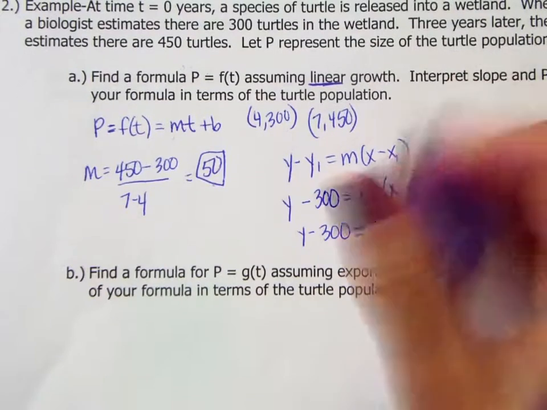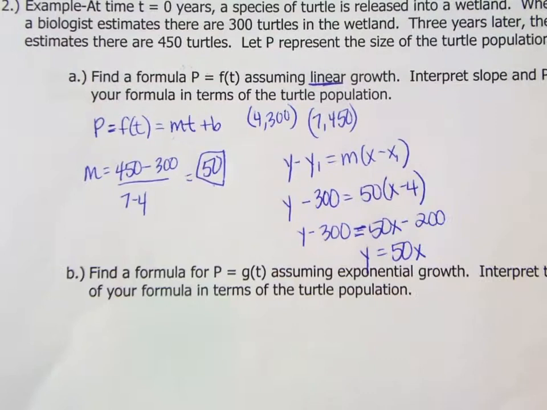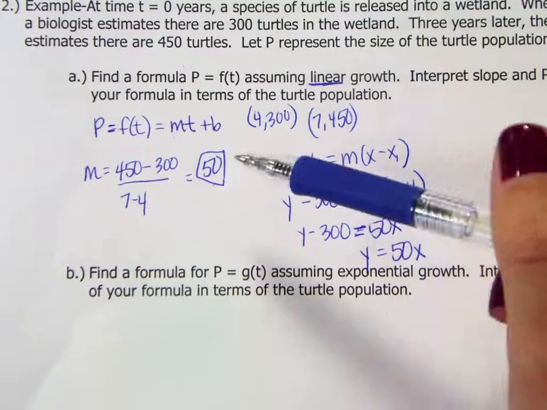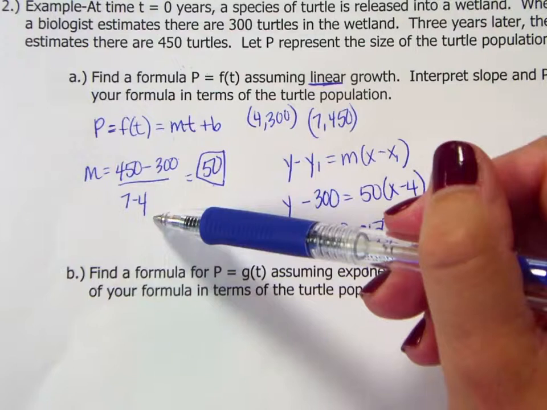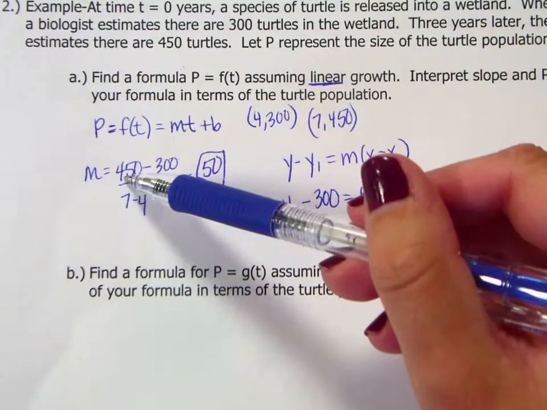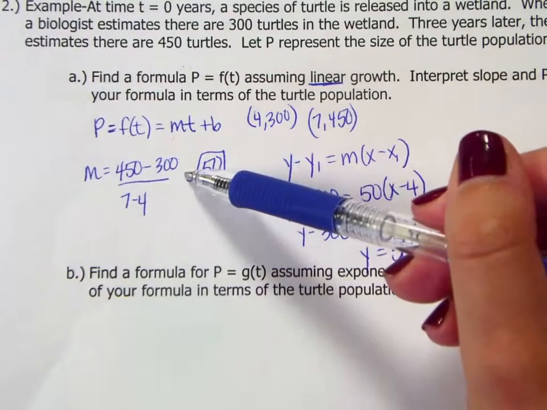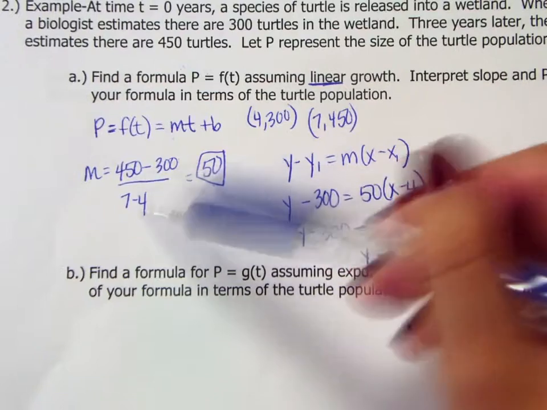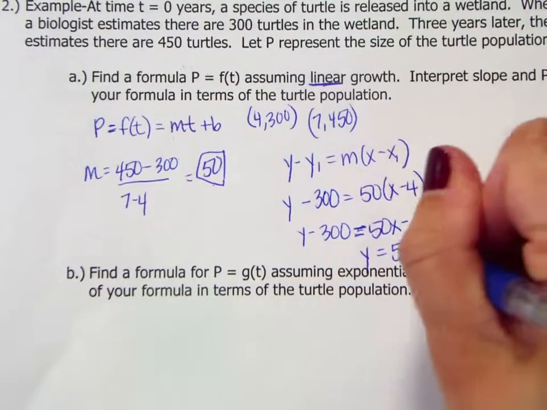When we got to 50, why don't you use the 7 minus 4 over, like 50 over 3? Because when you're finding the slope, this is 150 over 3. Oh, this is 150 over 3. Okay.